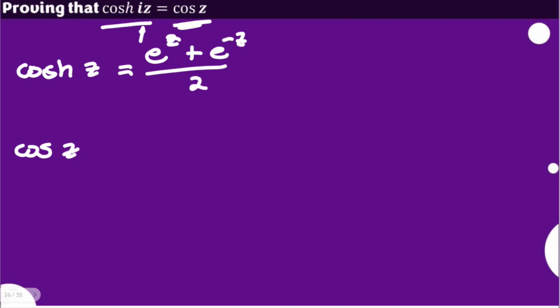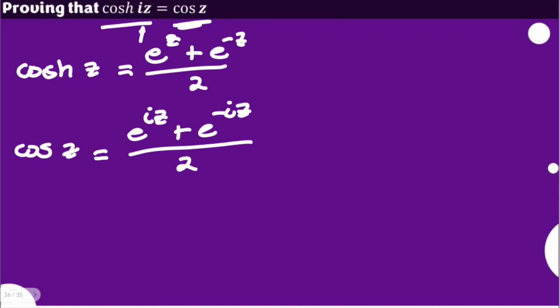And the trigonometric function cosine z is just equivalent to e to the power of iz plus e to the power of negative iz all over 2. We're doing this because what we would like to do here is, when we change the angle of the hyperbolic function of cosine from z to iz, it's just equivalent to that. So that's our target. We're doing that so we will be guided.